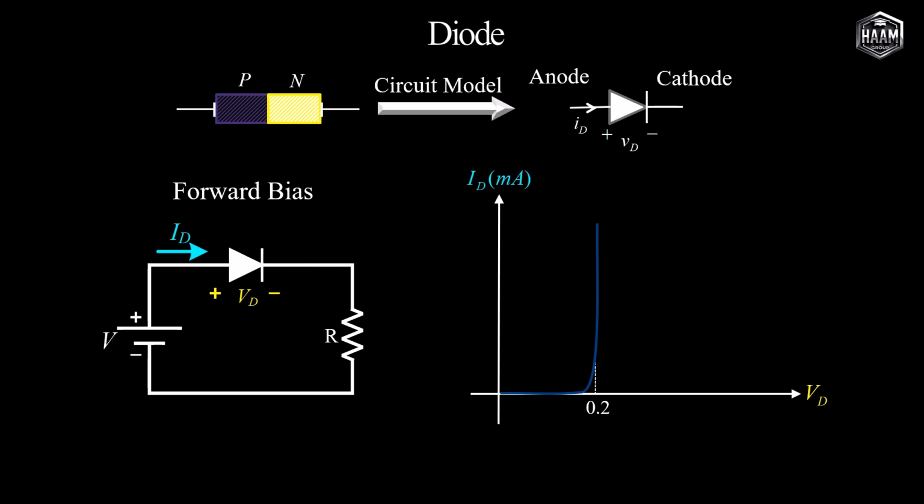This value of V_gamma differs between silicon and germanium diodes. For silicon diodes, it is approximately 0.7 volts, shown here in red on the curve, while for germanium diodes, it is approximately 0.2 or 0.3 volts.